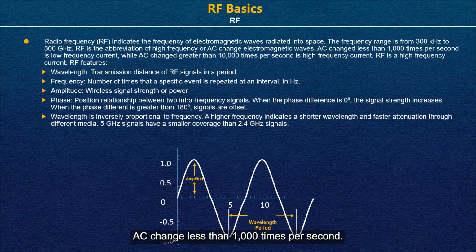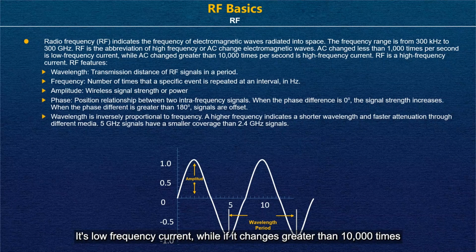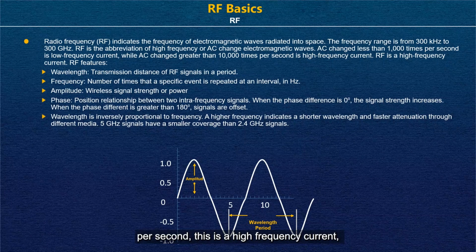AC change less than 1,000 times per second is low frequency current, while if it changes greater than 10,000 times per second, this is high frequency current. And RF is a high frequency current.